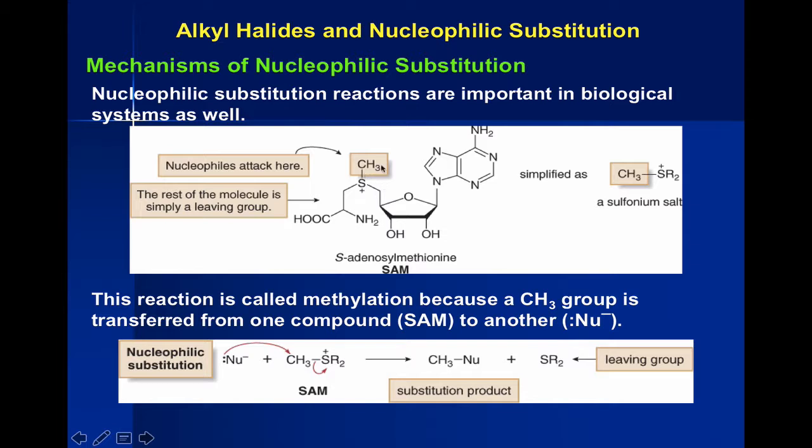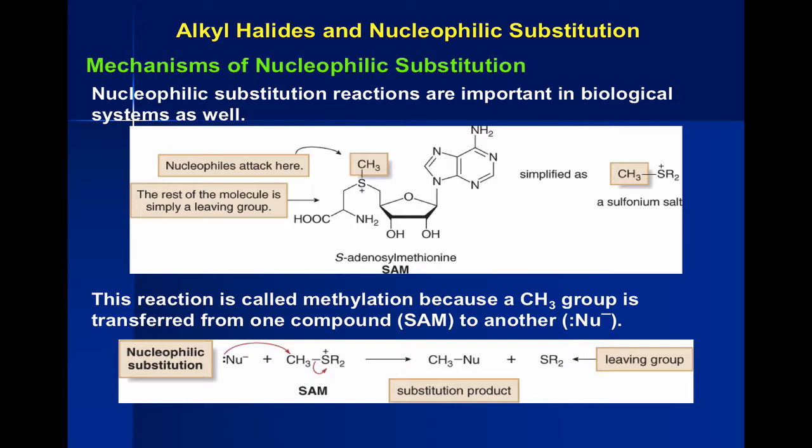If you look at this, you see this methyl group that's highlighted here in this beige box. It's attached to a positively charged sulfur, and it turns out that this positively charged sulfur is a pretty good leaving group. So this entire thing that I'm circling right now with my mouse is the biological equivalent of iodide.